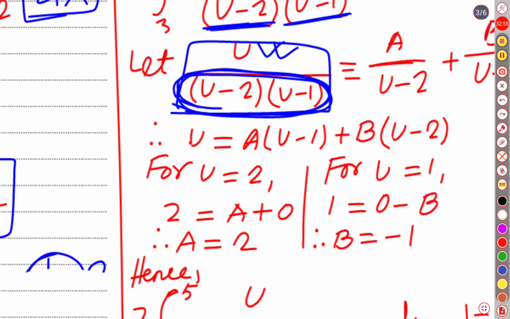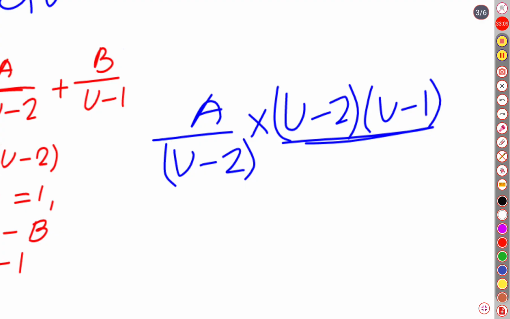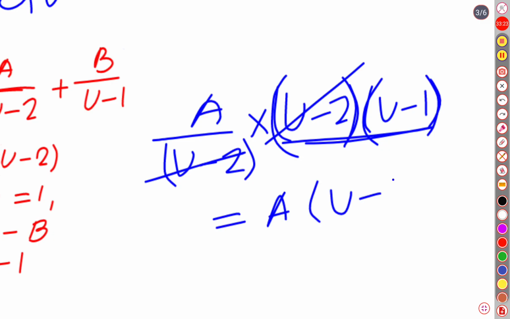On the left side I have already made you understand that if we multiply by this, this will go away, there remains only the numerator. But what will happen on the right side? If we multiply this function with u minus 2 into u minus 1, this u minus 2 can cancel out, so it is going to be a into u minus 1.